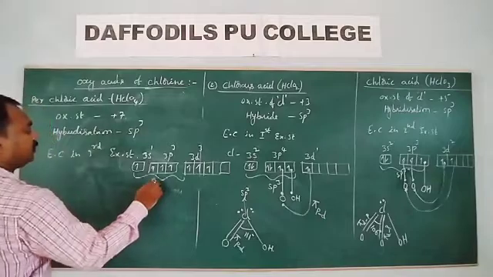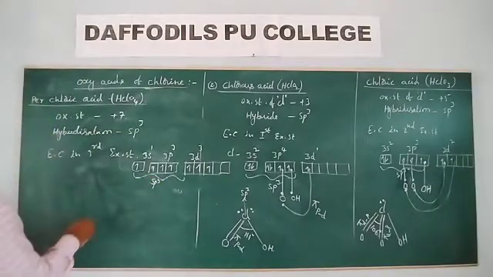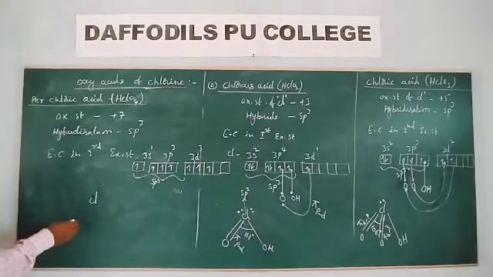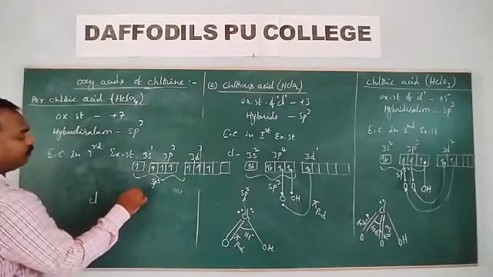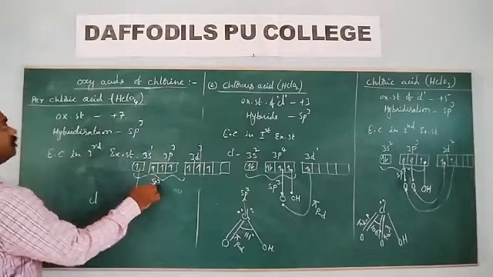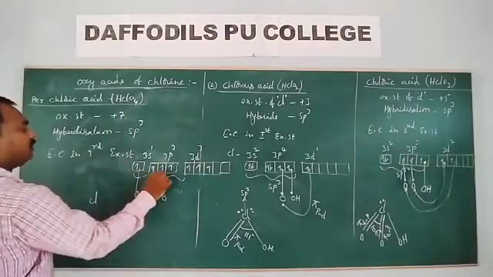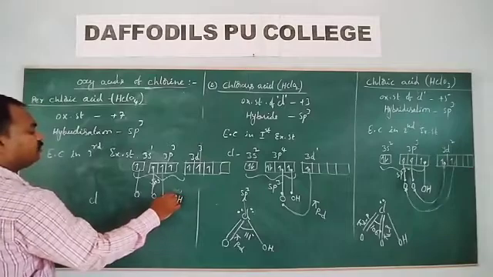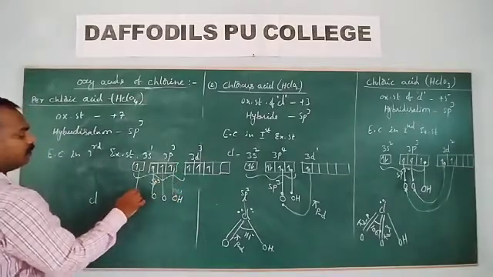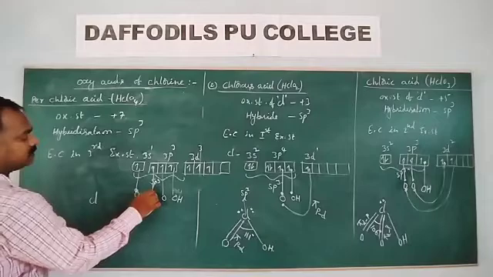Hybridization is sp3, and chlorine is the central atom. Each unpaired electron bonds with oxygen. How many oxygens are there? 4 oxygens. One of the oxygens is in the form of an OH group, since oxygen has 2 valencies.